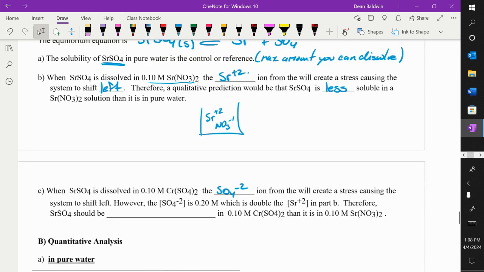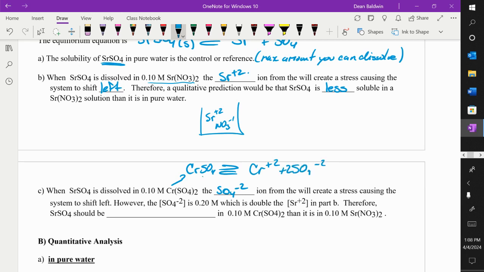Because this is 0.1 molar, but there's only one strontium here, right? And like I said, we'll do the math here in a sec. So this is 0.1 molar. But if we put 0.1 molar of this, and this dissolves according to this reaction, you have 2 of them.